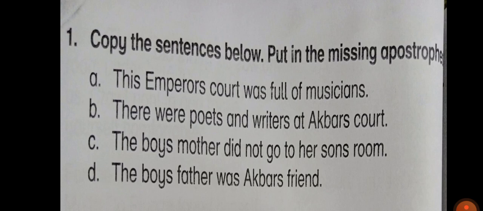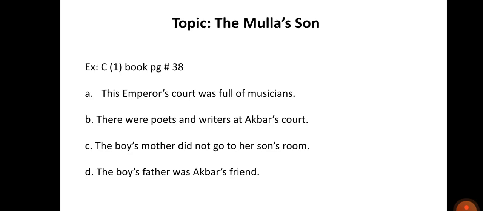So here we have to add apostrophe with Akbar, after Akbar and before s. Have a look here: there were poets and writers at Akbar's court. I have added the apostrophe. You have to add these apostrophes in your English grammar copy as well. Don't forget to add apostrophe.